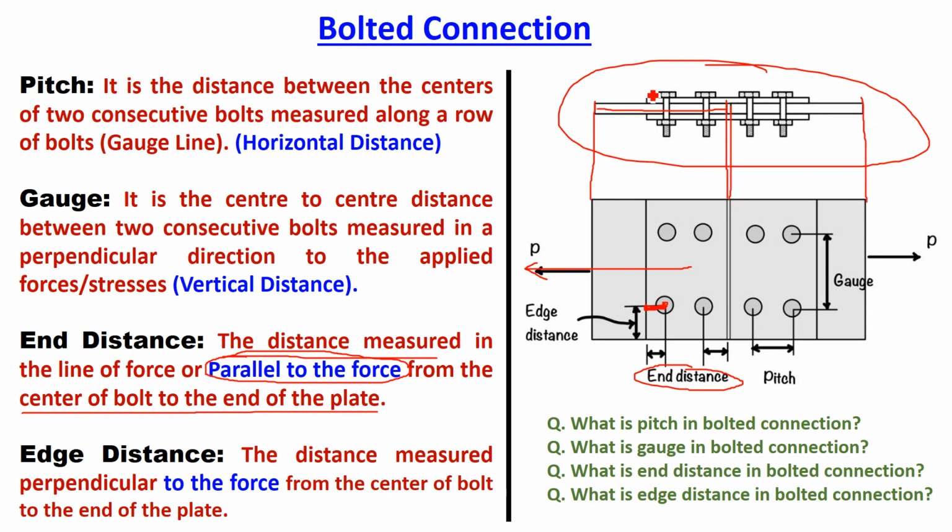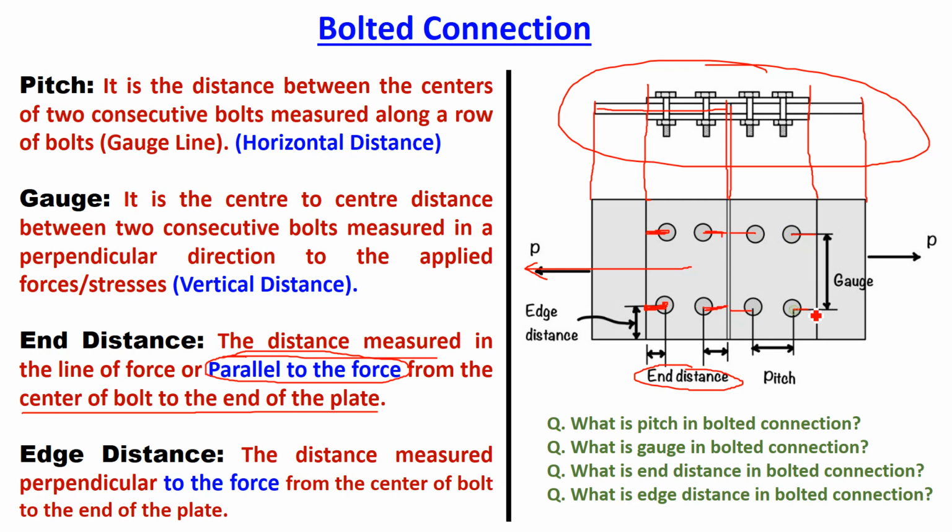Then two cover plates are used. This is the end of these plates and this is the end of the cover plate here, right portion. So these are all 6 points of the end of the plate. The horizontal distance between the end of the plate and the center of the bolt is called end distance. This is end distance. This is also end distance. This is also end distance. This one.